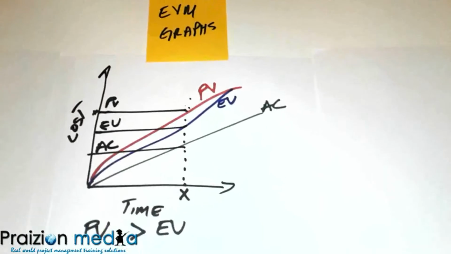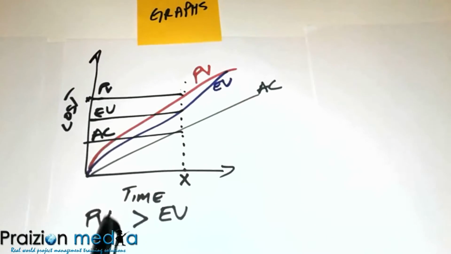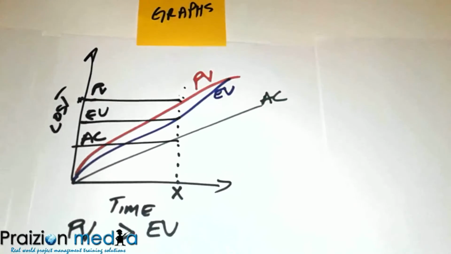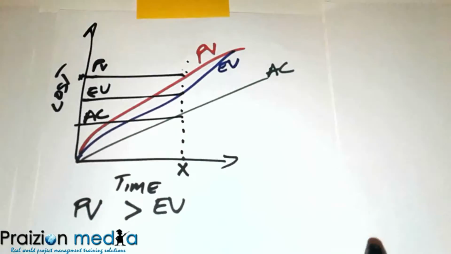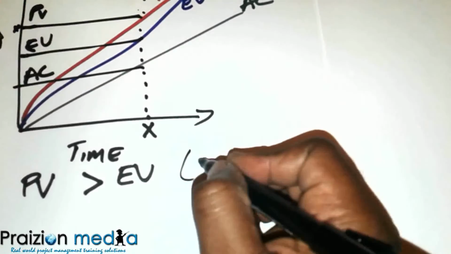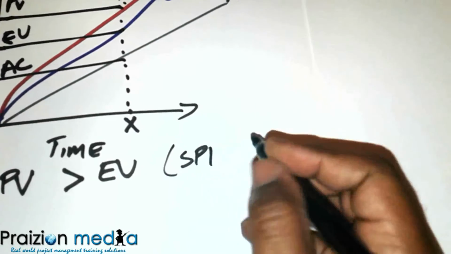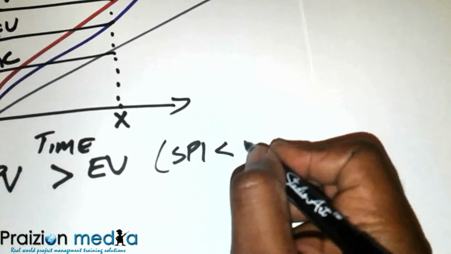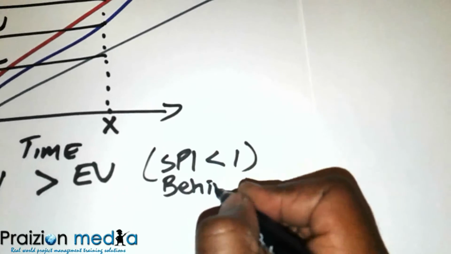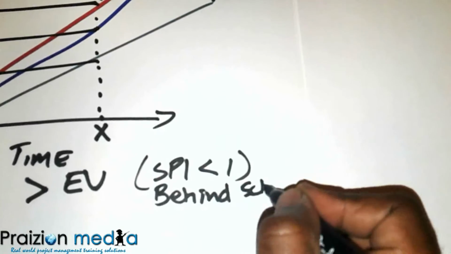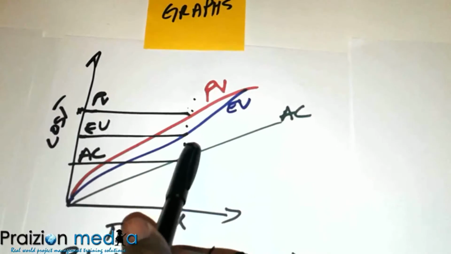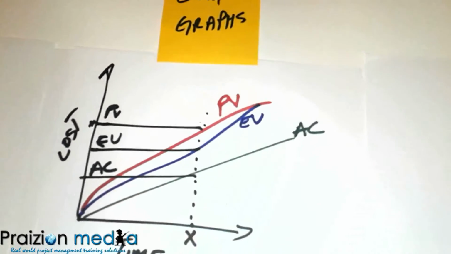That's poor schedule performance. Remember, the plan is the schedule. So anywhere you have PV, we're really talking more about the SPI. So this right away tells me my SPI is going to be less than 1, and that means I'm behind schedule.